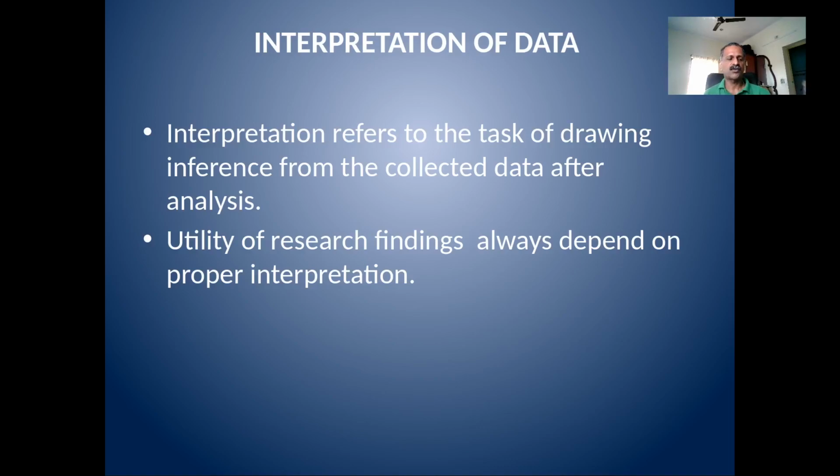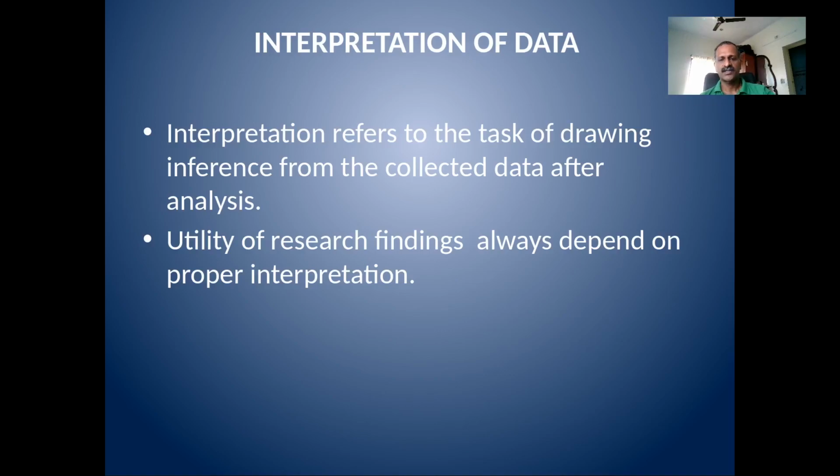Sometimes by looking at the table, the readers or evaluators will not get the correct meaning, so we have to explain more: what is the meaning of each data, which is the most significant data, which is higher or lower, what is the percentage of each data, how it occurred. These details should be given under each table. This we call interpretation of data. Interpretation refers to the task of drawing inference from the collected data after analysis.